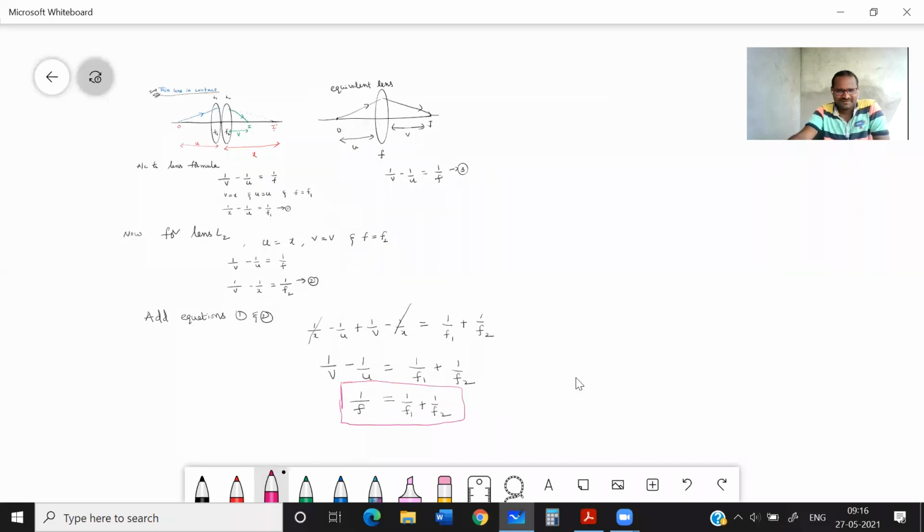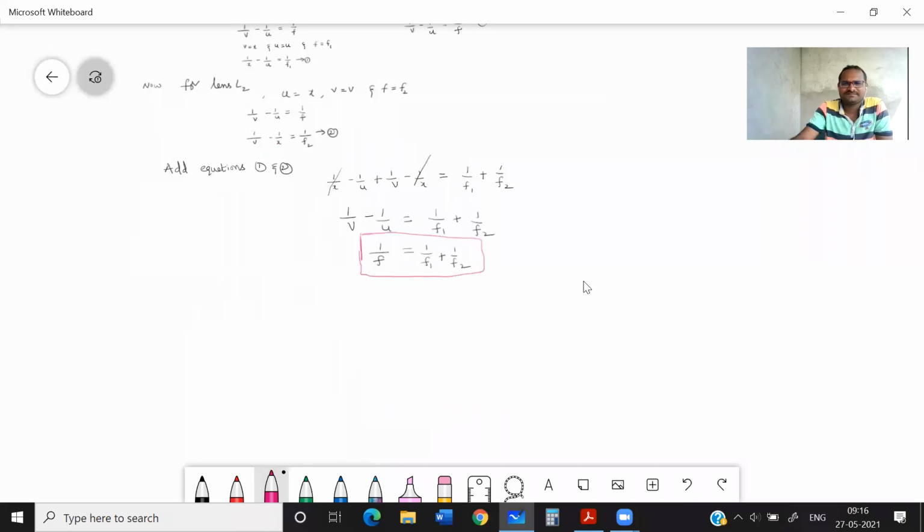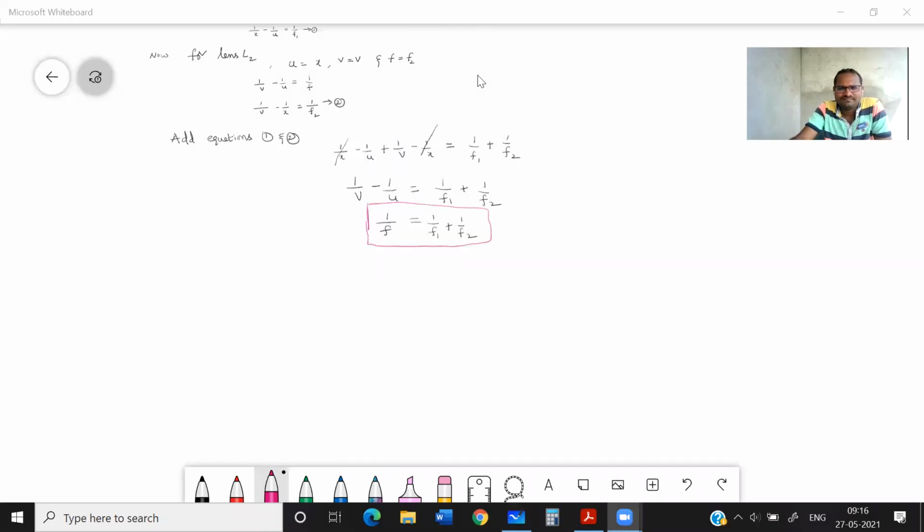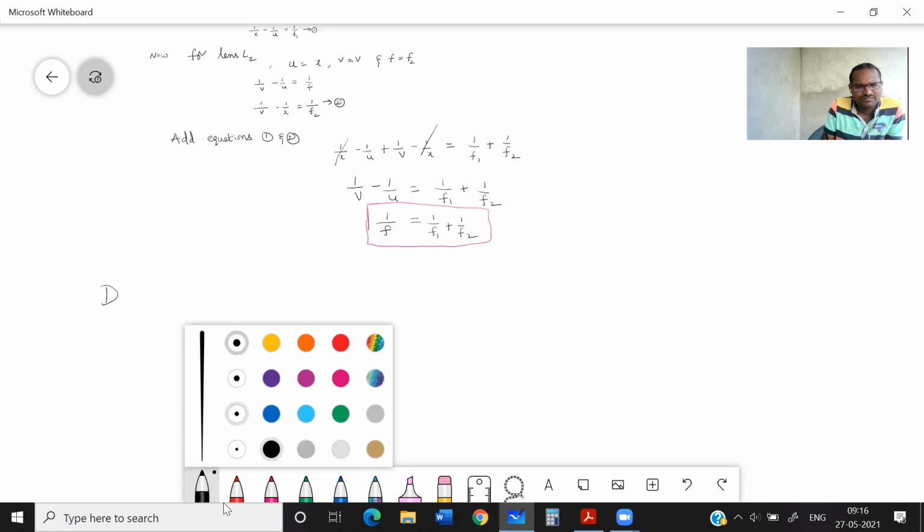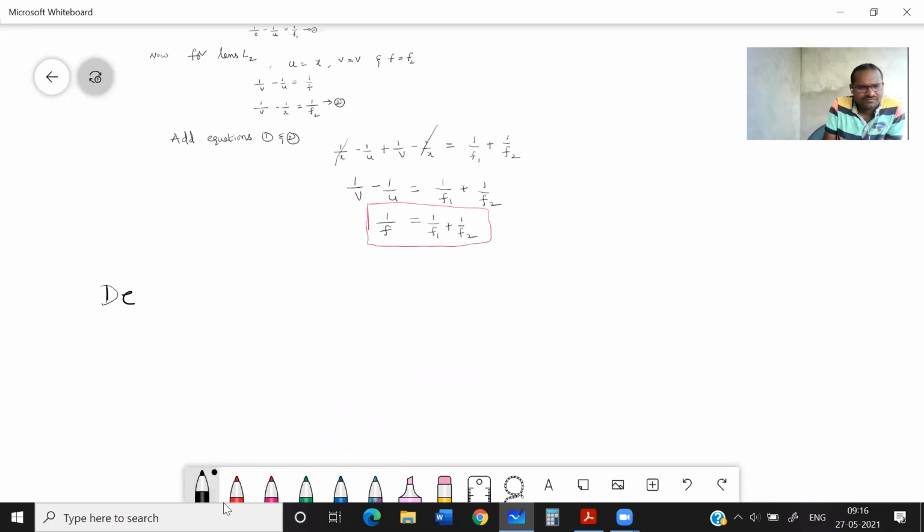Now, next derivation, let us see. Next derivation is deviation through a prism.